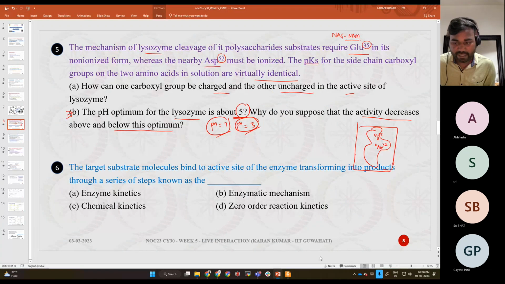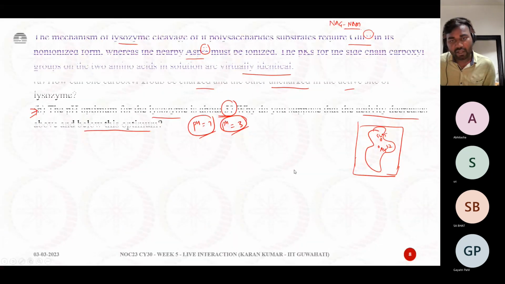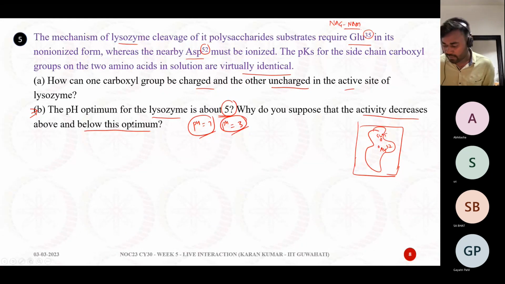Now, the answer for your second part I have already given in the second part itself. All amino acid side chains have different pKa values, which are not quite similar to what is there in the environment.